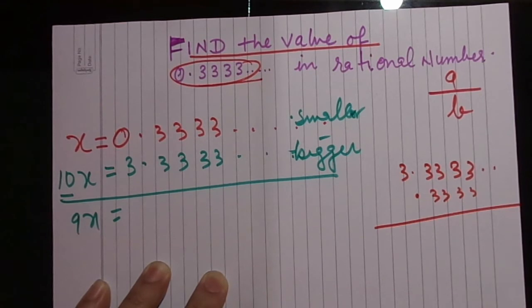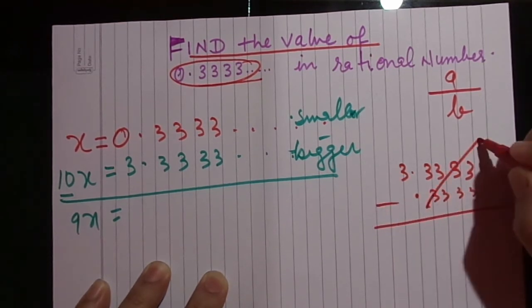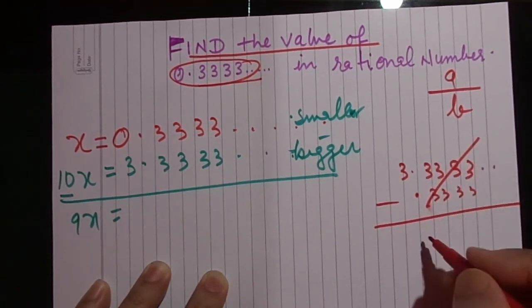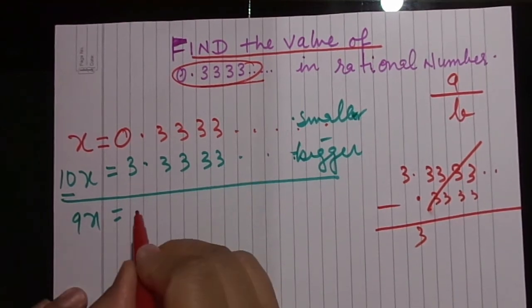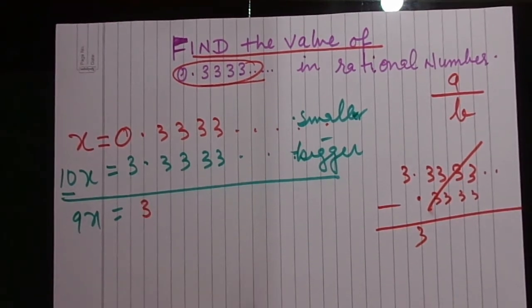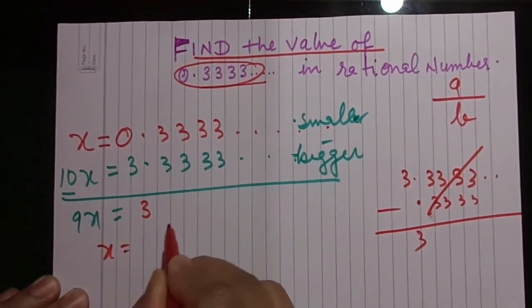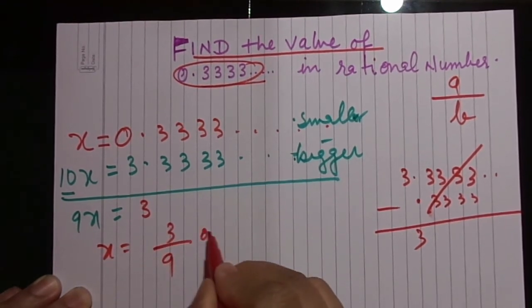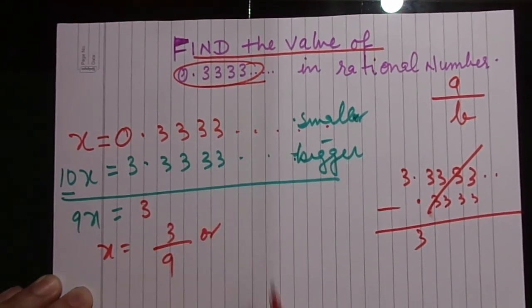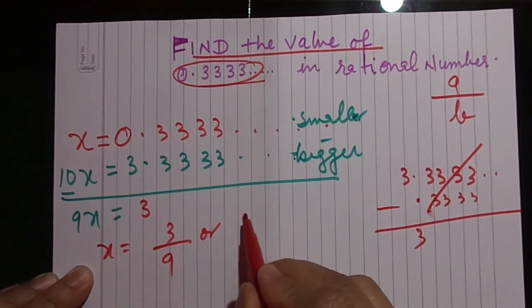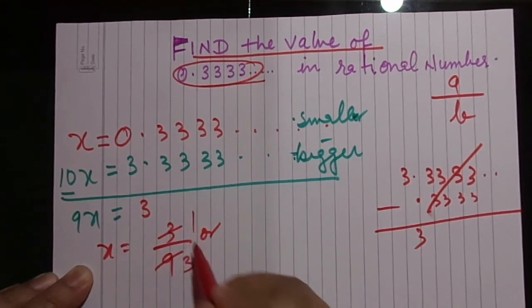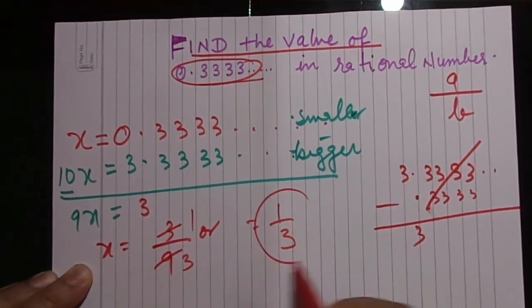When we subtract, what do we get? There is no decimal part and we get only 3. So 9x will be equal to 3. Therefore the value of x will be equal to 3 by 9, or 3 ones are 3, 3 threes are 9, equal to 1 by 3.